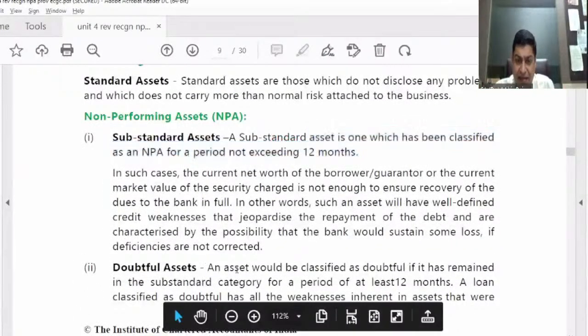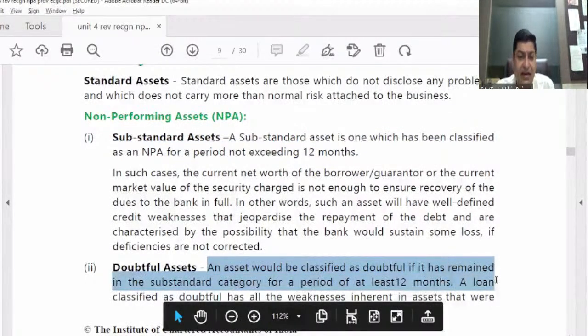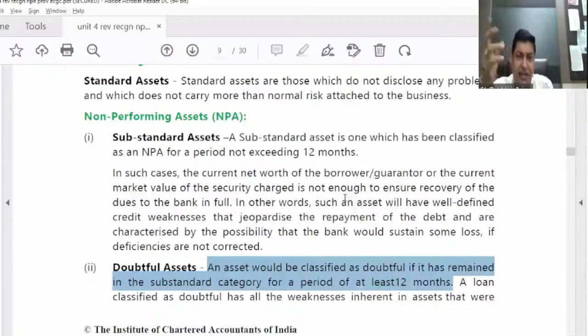An asset would be classified as doubtful if it has remained in the substandard category for at least 12 months. So when 12 months in the substandard category are over, then it's a more difficult account to handle. I would say first it was a bad account, now it becomes worse.